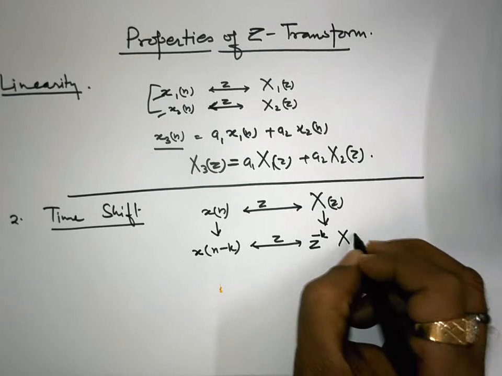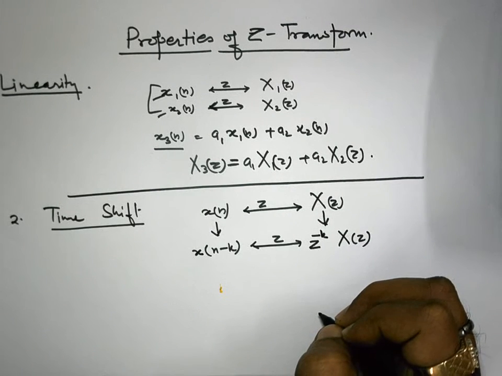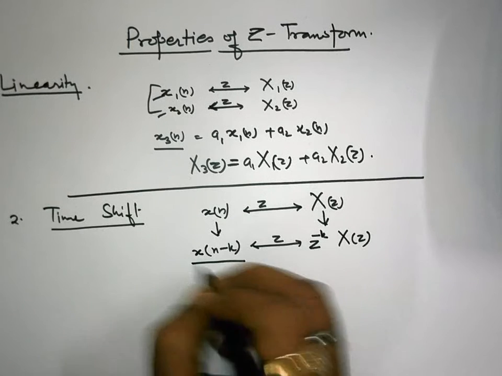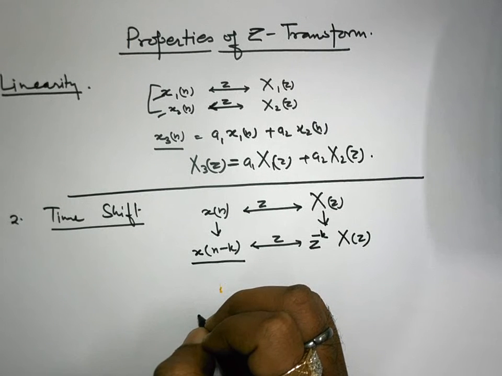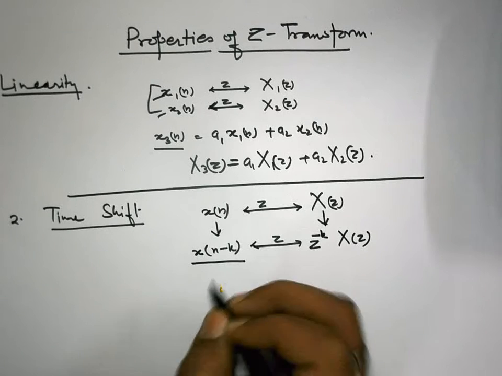Then we can very easily obtain the Z transform of the shifted version of the signal. This is the application of this property.